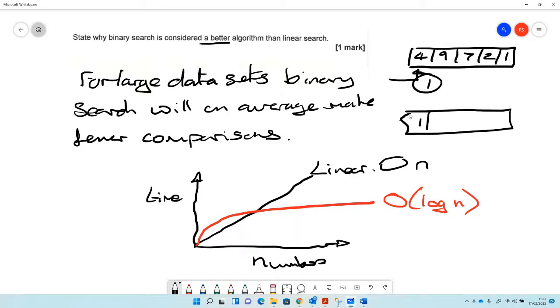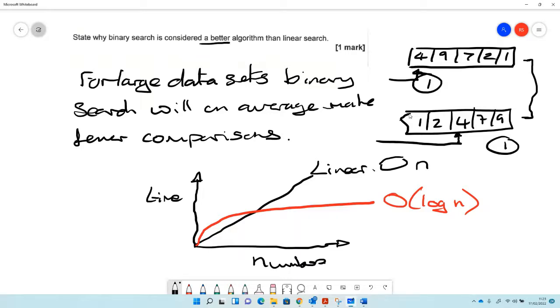So we'd get 1, 2, 4, 7, 9. And then if binary search was looking for 4, it'd split the list in half and look at the middle value. So again, it would find it in one comparison. So best case scenario again. So from that perspective, you could say both algorithms would find it in one comparison for that best case scenario.